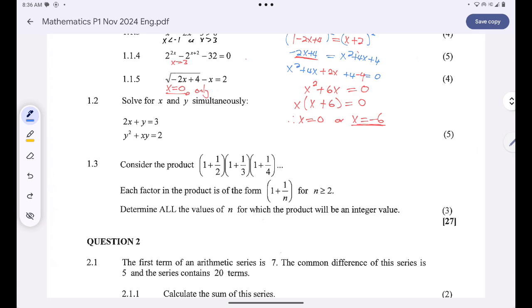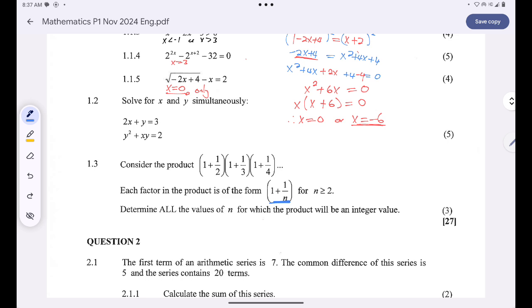We are told to consider the product over there, and we are told that each factor in the product is of the form of that element over there, né? And we are told that n is any number which is greater than 2. They want us to determine all the values of n for which the product will be an integer.